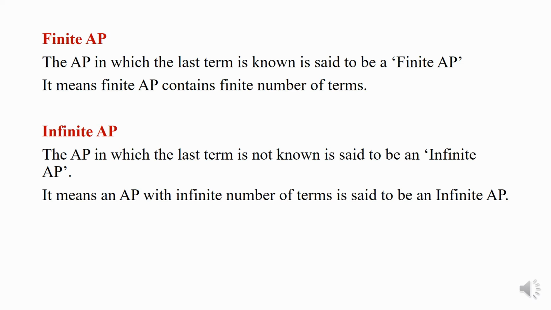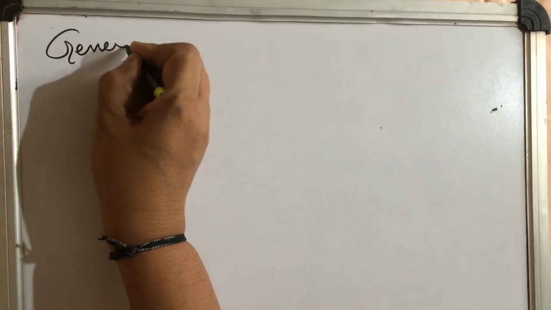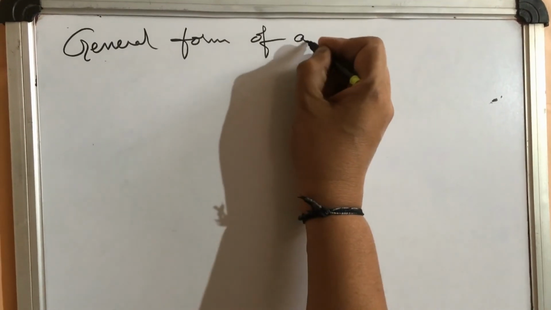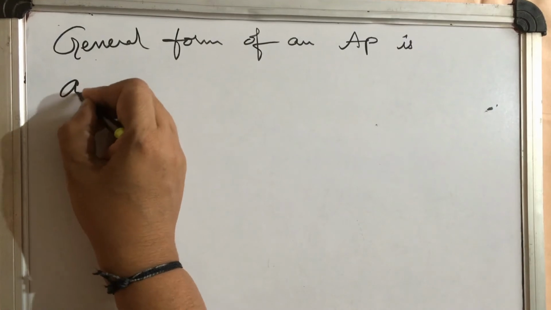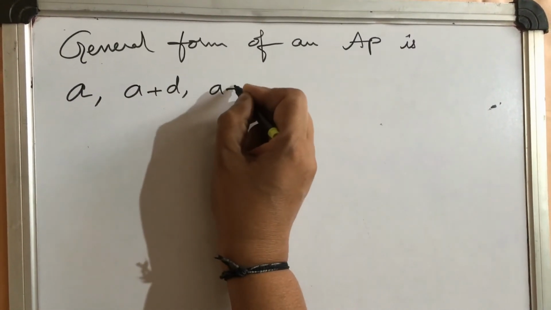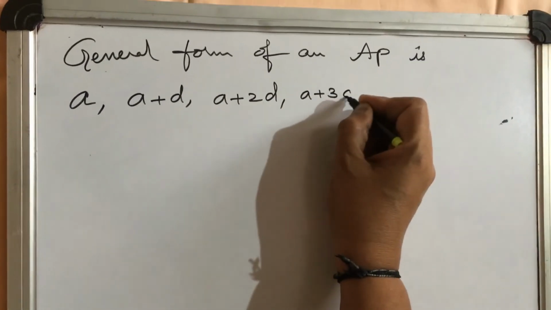We know the general form of an AP is A, A plus D, A plus 2D, A plus 3D and so on.